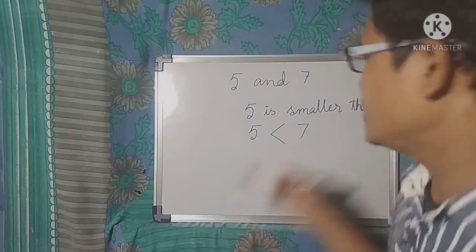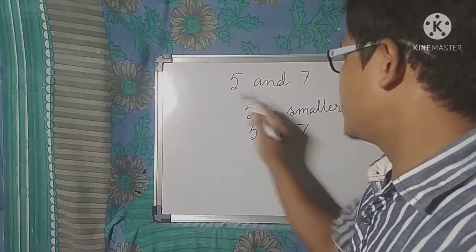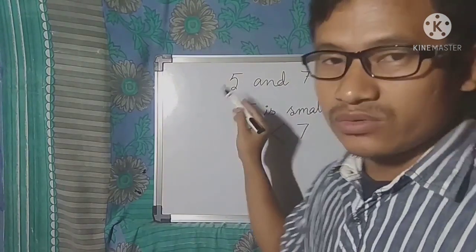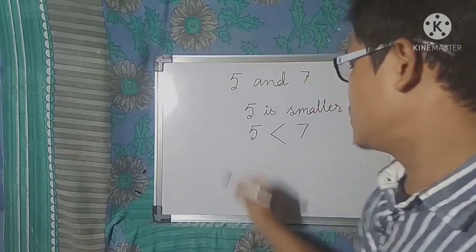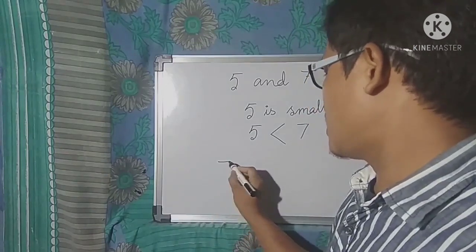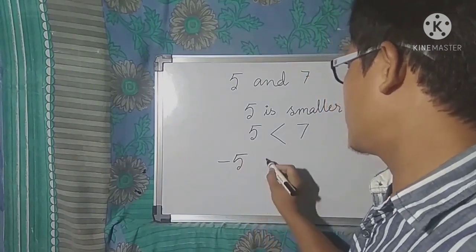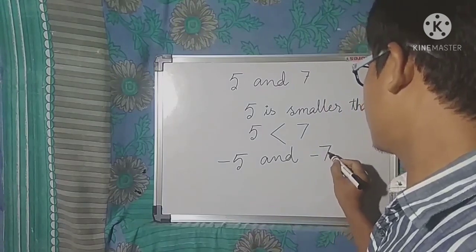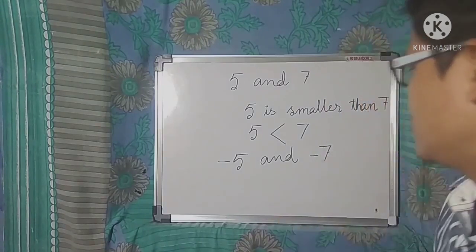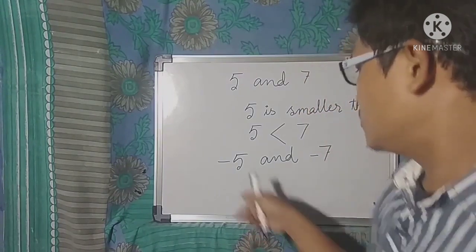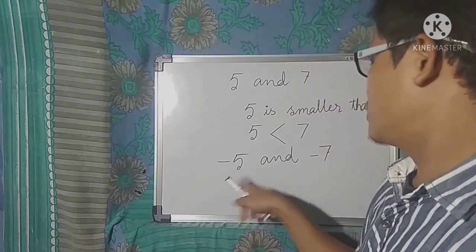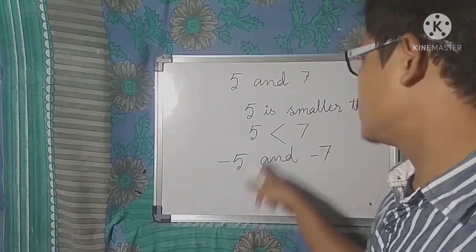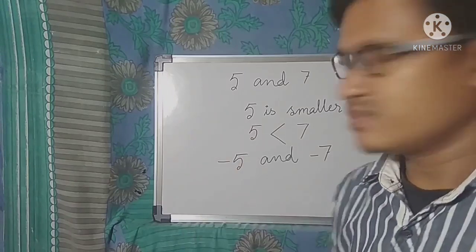But if we change the sign of these two positive integers, that means if you are asked to compare -5 and -7, then what will we say? This answer will become opposite to the first answer.